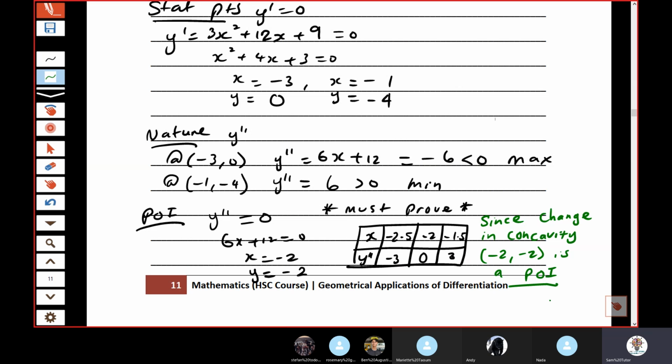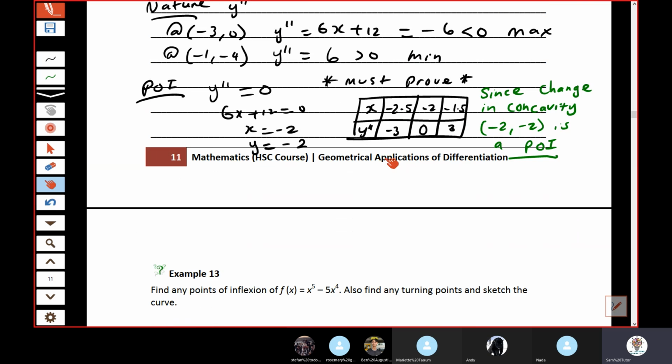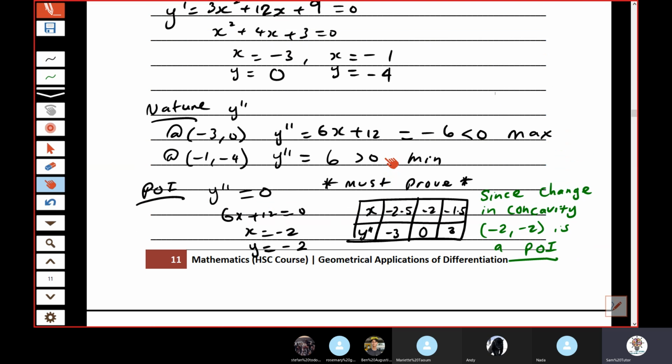So that's why in nature, whenever you get 0 up here, we can only conclude it's possible. Because we have to go onto here, do the math, and then prove it. Because what if it didn't work out? Then it's not a horizontal point of inflection, it's probably just a stationary point that's quickly bouncing somewhere or doing whatever it's got to do. So be careful with those. All good, move on. Any questions?